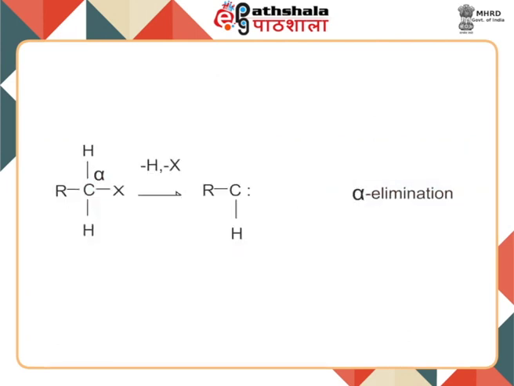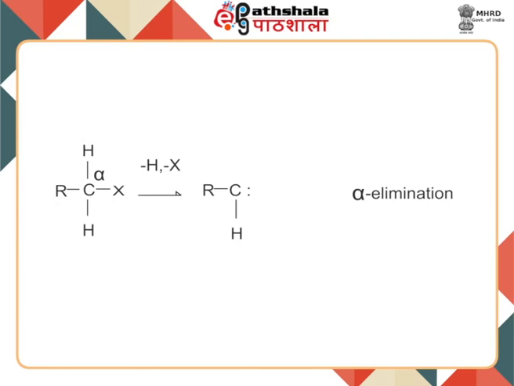Alpha eliminations, on the other hand, generate carbenes, which are unstable divalent carbon species useful for many reactions, and we will not treat them in detail here.